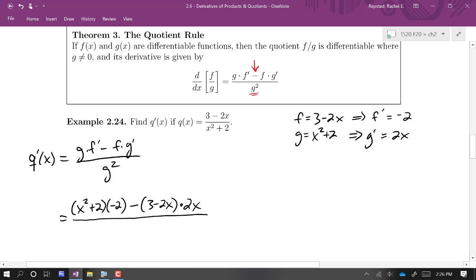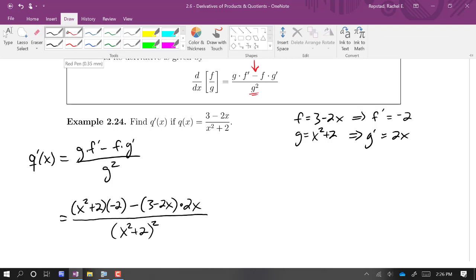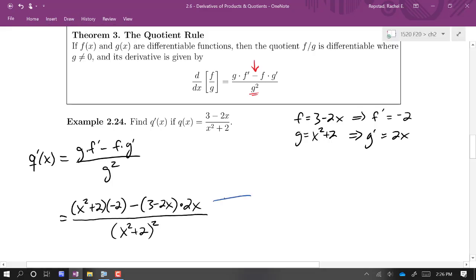It's not g prime squared, it's g squared. It's the original denominator. So that's (x squared plus 2) squared. Now from here, what we want to do is expand the products in the numerator in order to help us simplify.